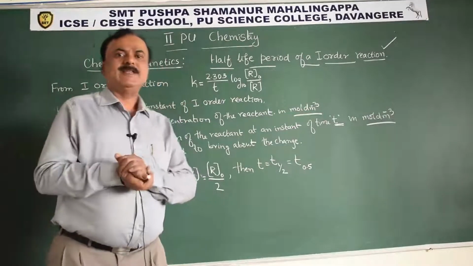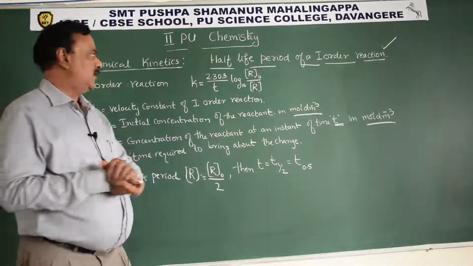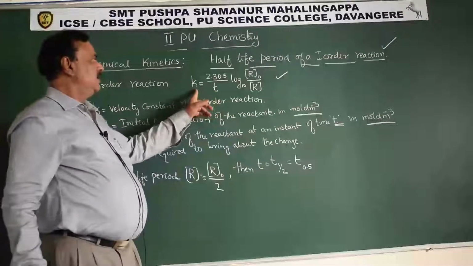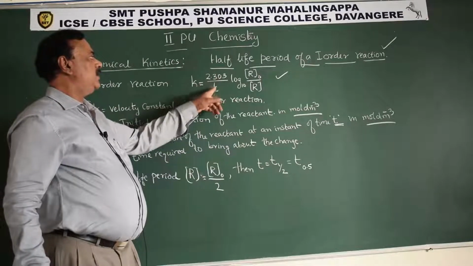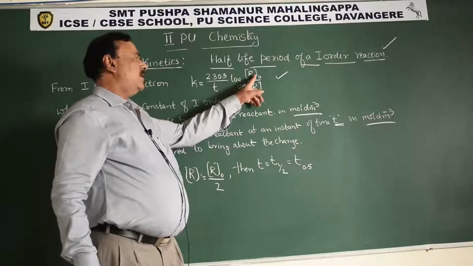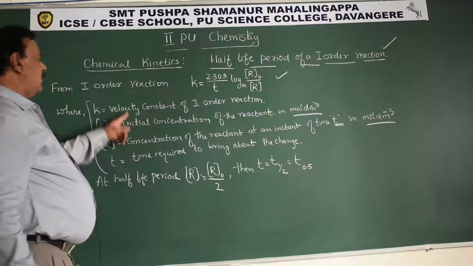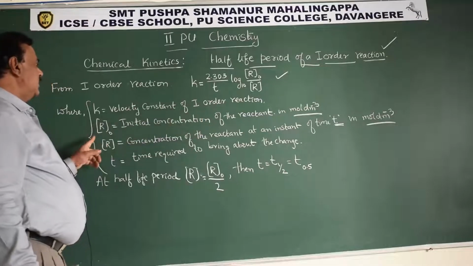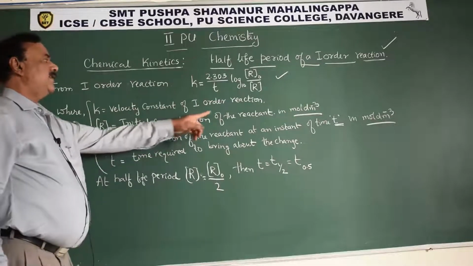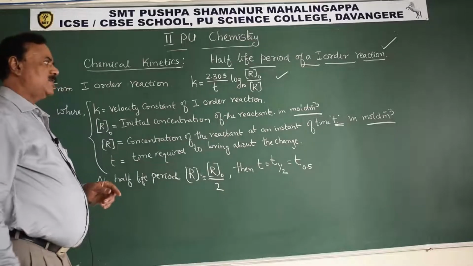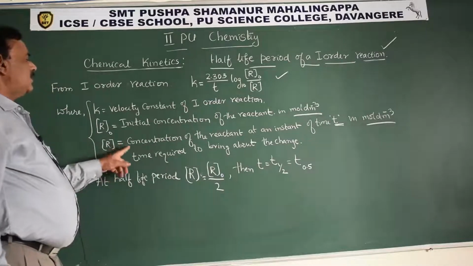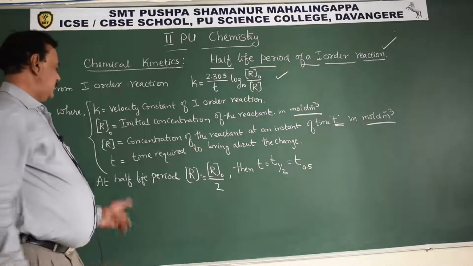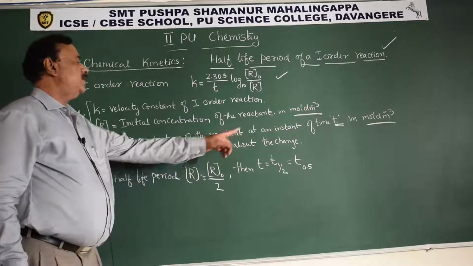We know the velocity constant of the first order chemical reaction; this is the representation. Yesterday we solved problems based upon this. K is equal to 2.303 divided by T log base 10 of R naught divided by R. Expanding the variables: K is the velocity constant of the first order reaction, R naught is the initial concentration of the reactant in moles per liter, R is the concentration of the reactant at an instant of time t, and T is the time required to bring about the change.